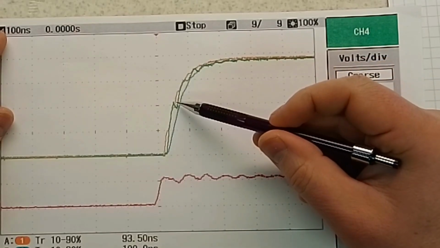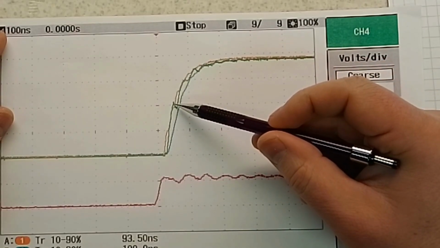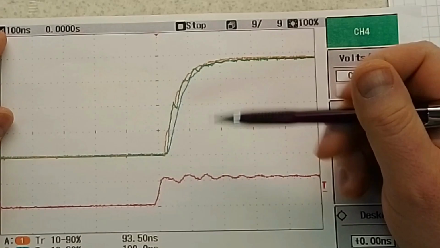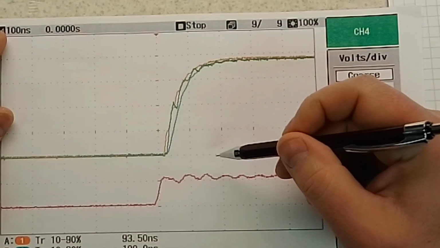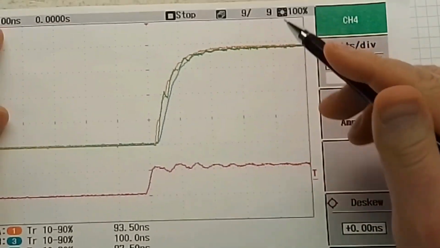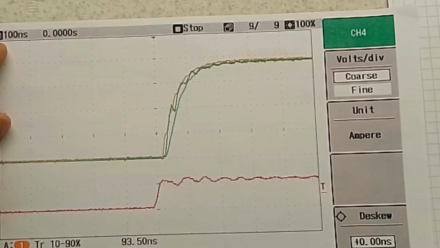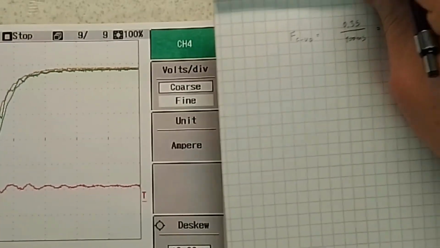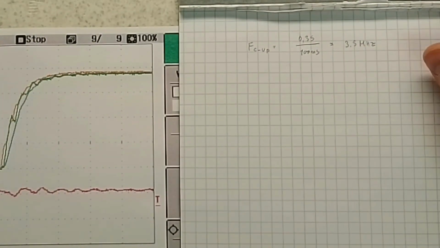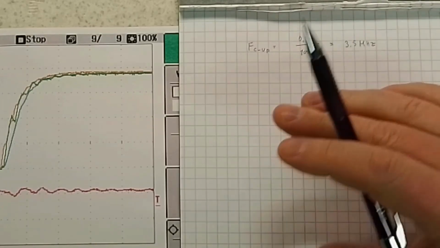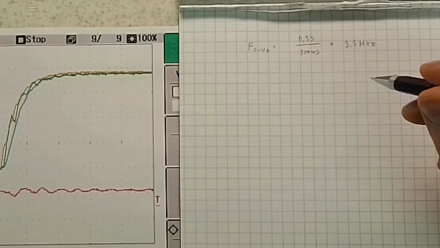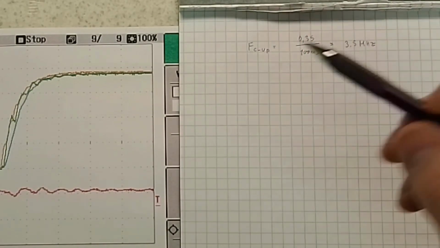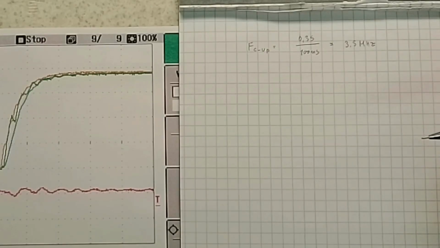So they are measuring accurately the rise time. So we can estimate that if they measure accurate rise time, upper cutoff frequency must be about 5 times higher than this 3.5 megahertz.